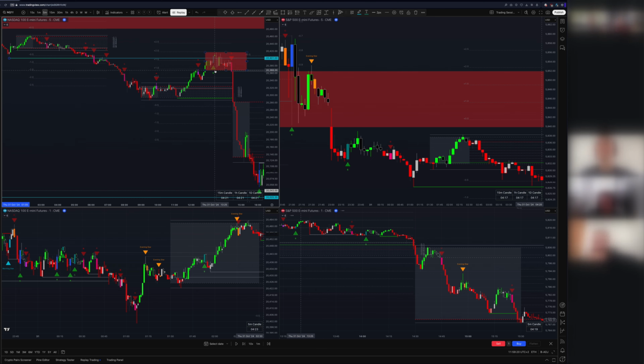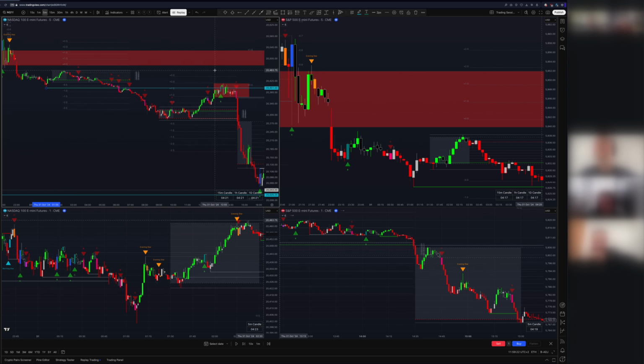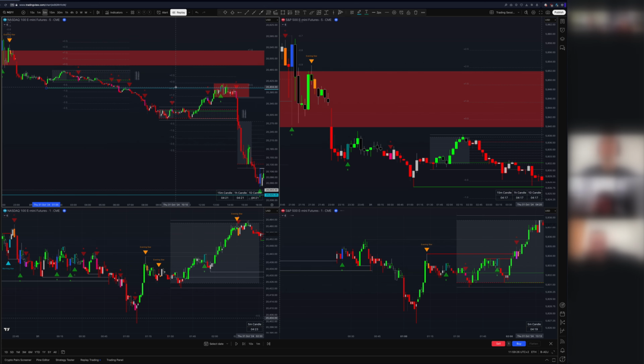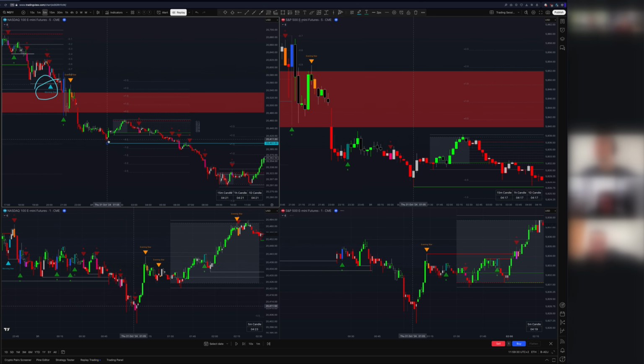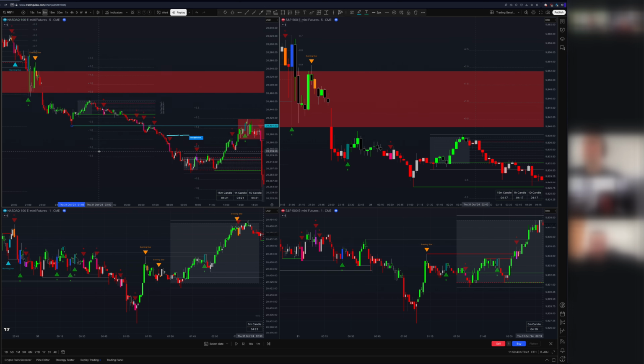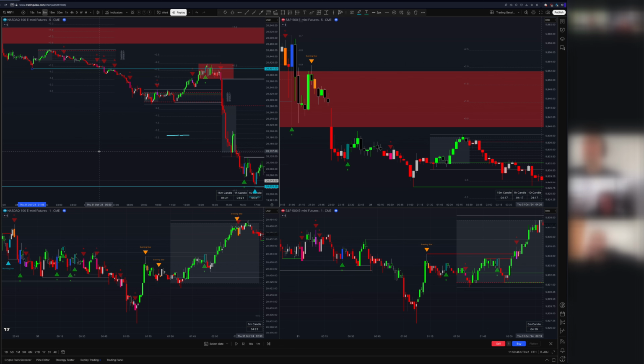Session highs and lows are important levels, but this is not the session low. The session started later. Yes, but this is just for the opening range, but it's also the daily low up until then. Did it even take out the opening range low? This one here?